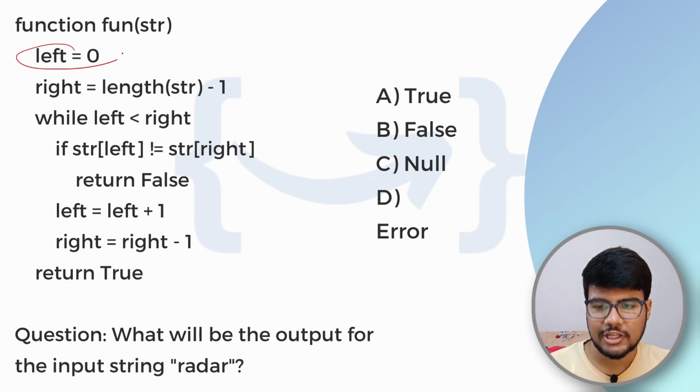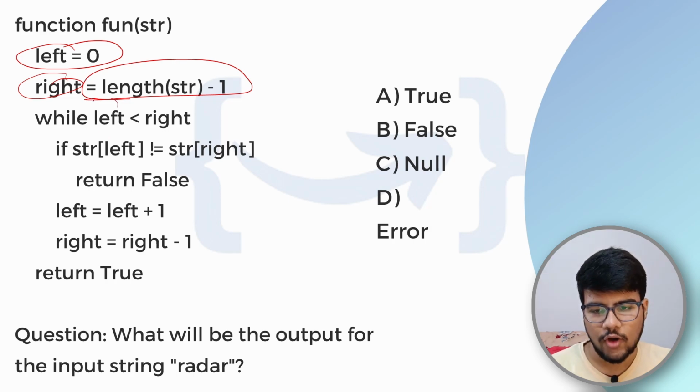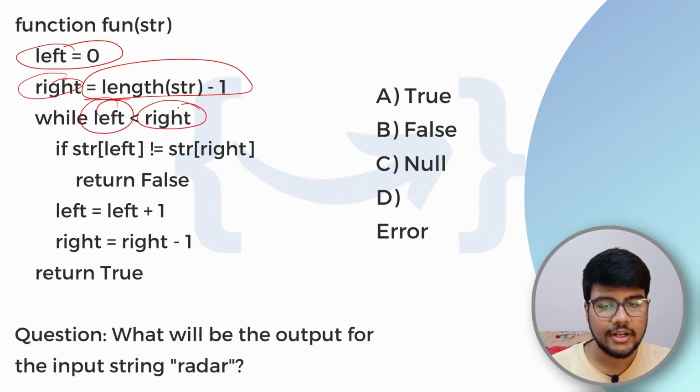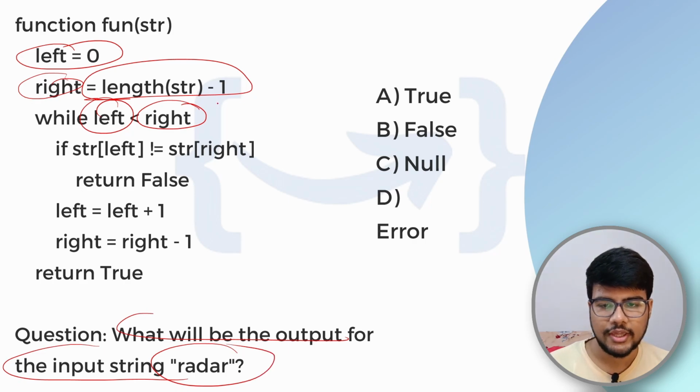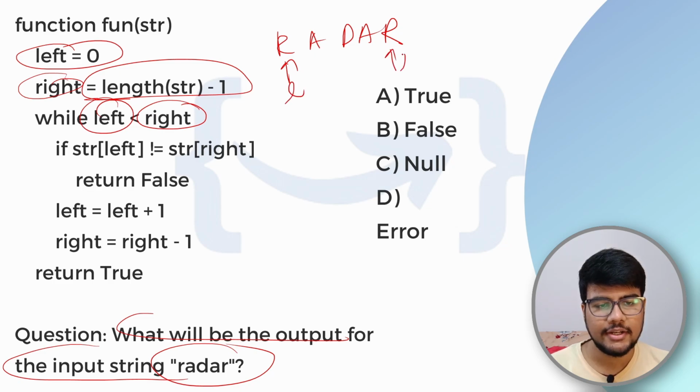Now, left equivalent to 0, right equivalent to length of str minus 1, and while left is less than right. What will be the output for the given input, which is radar? Let me write it for better visualization. My left is here, my right is here, until my left is less than right.